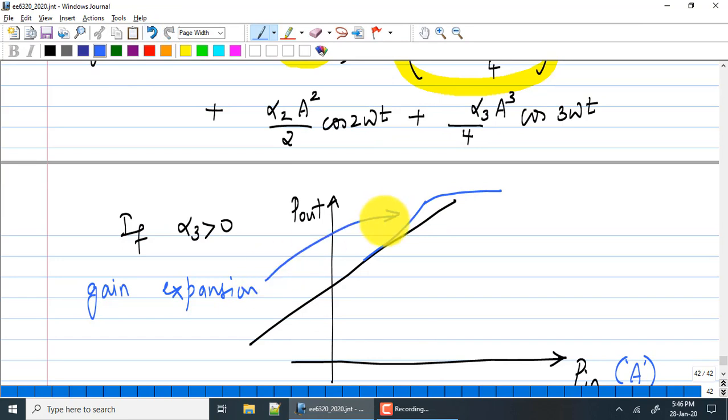This is possible, but eventually it has to saturate. Whether it's gain compression or gain expansion, it will eventually saturate to a power which is often called Psat, or the saturated power of the amplifier.